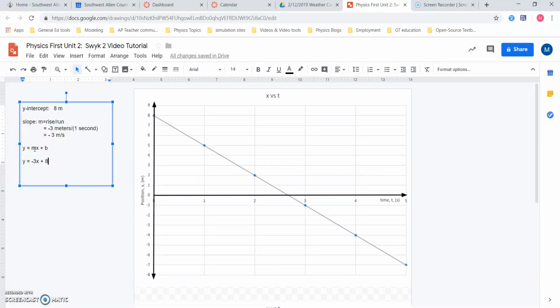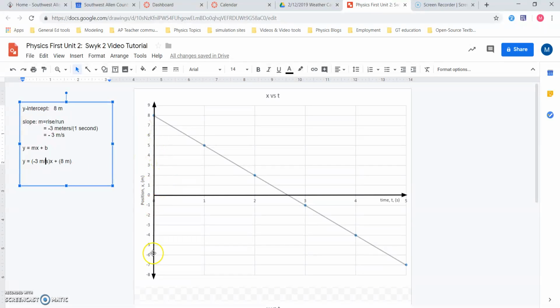That's not right, because it's not really 8 and it's not -3. If you say, well, okay, the y-intercept is 8 meters, and the slope, I get this, the slope is -3 meters per second. And so my equation must be y equals -3 meters per second times x plus 8 meters. You're still wrong. You're getting closer though.